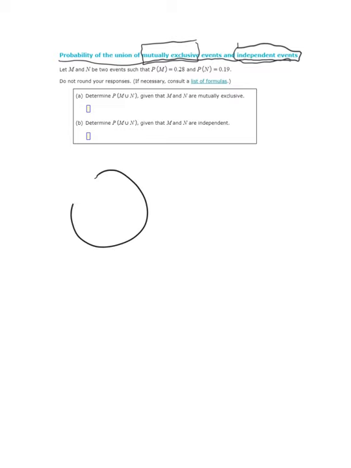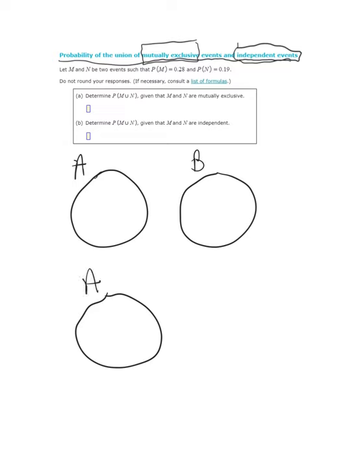If this is event A and this is event B, these events are mutually exclusive because they have no overlap whatsoever, okay? Independent events are going to look something like this. There's going to be some overlap, and we know how to find this intersection. It's the probability of A times B. So let's see what these questions ask us.